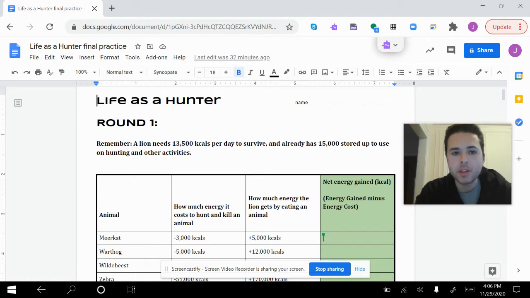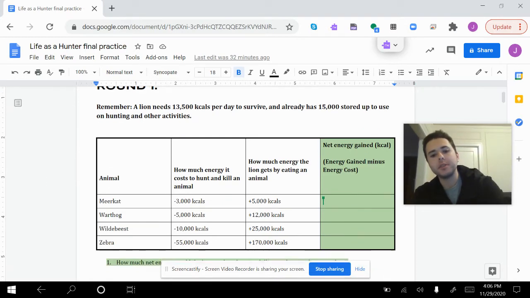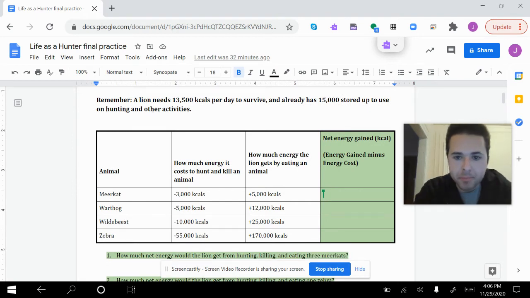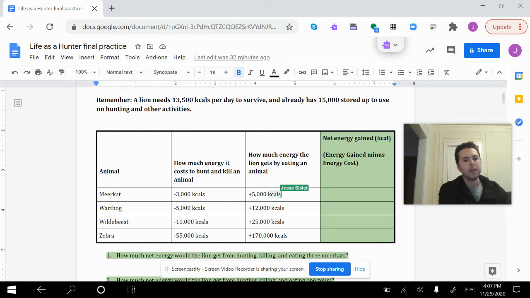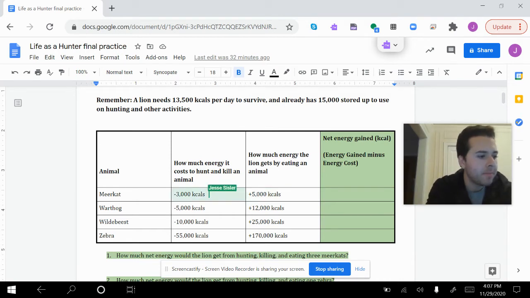So the first thing that I want you to do, and you'll type in your answers in Edpuzzle, is fill out that green column with the net energy. So remember that net energy is the number on the right here, right? So how much energy the lion gets by eating an animal, minus this number, how much energy it costs to kill.